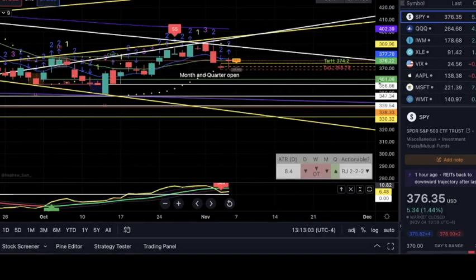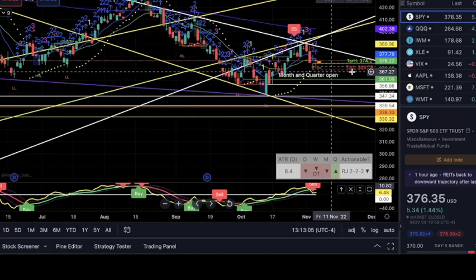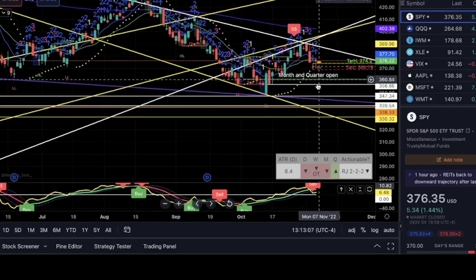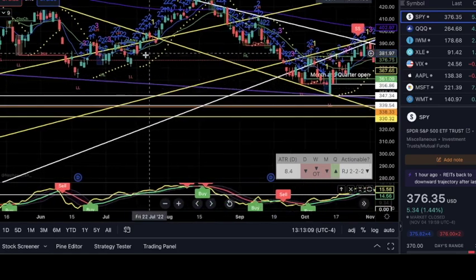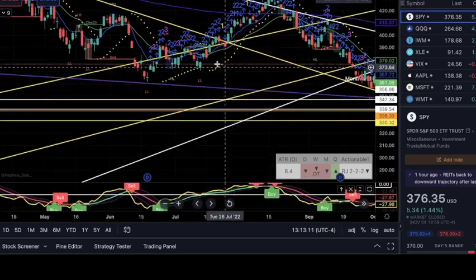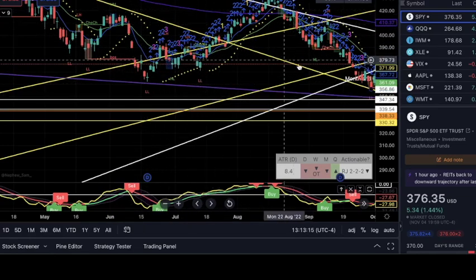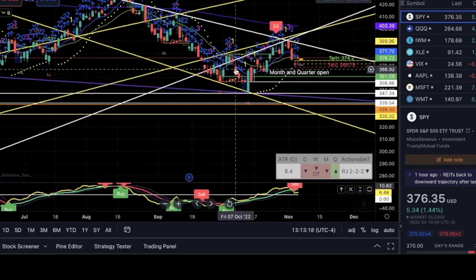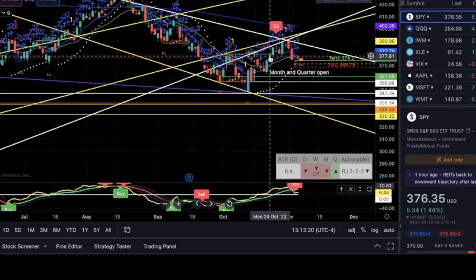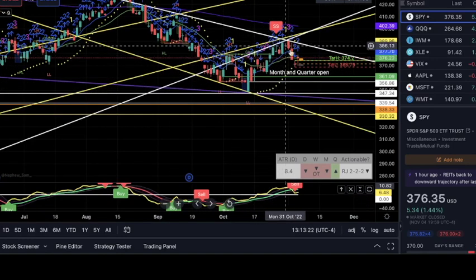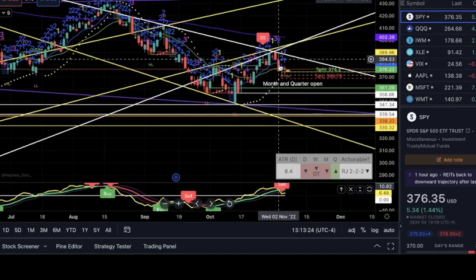So what I did want to point out was a couple things. We were talking about this inverse head and shoulders, and then what happened here. It did go into effect, but it got knocked back down.